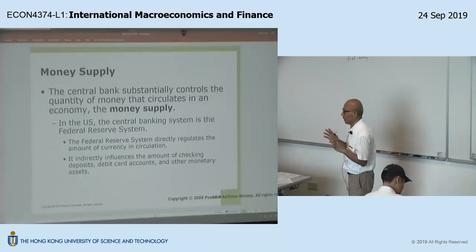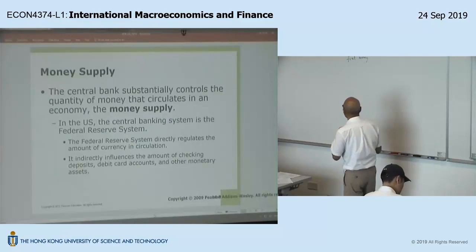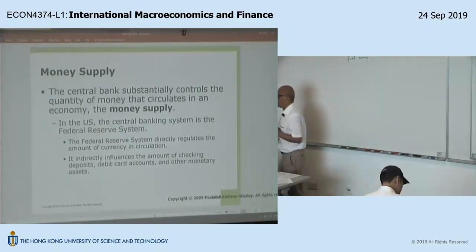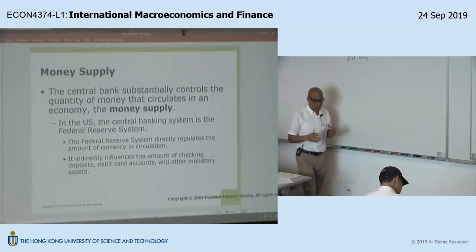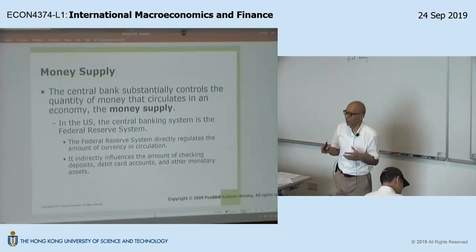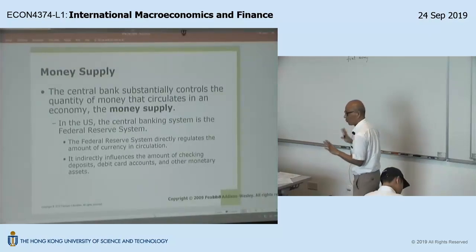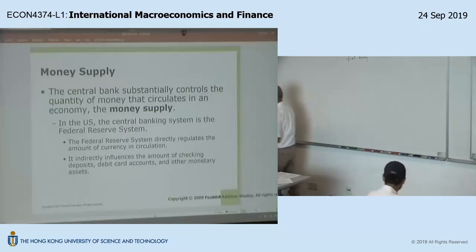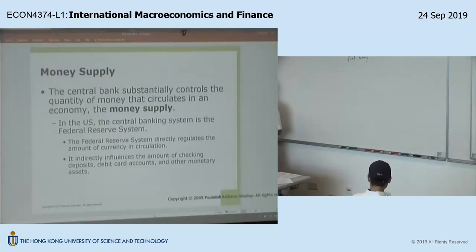Not that kind of thing. It's simply issued by government fiat, and people trust the government. You have to trust the government. If you don't trust the government, fiat money doesn't work. So money supply is controlled by the central bank, right? In the U.S. it's the Federal Reserve System, right?